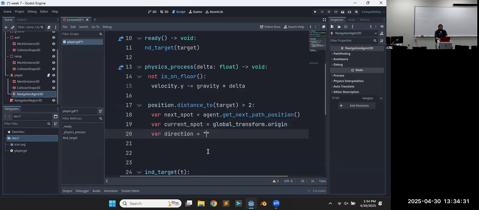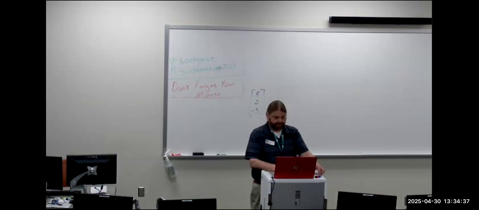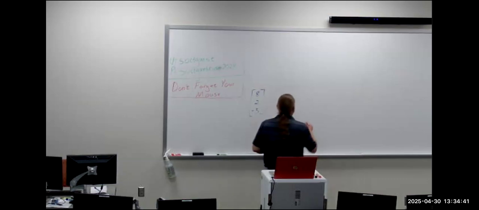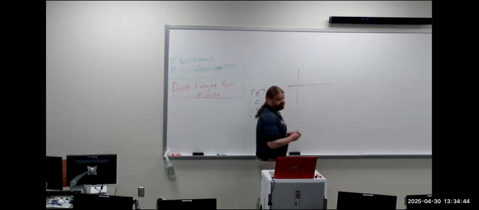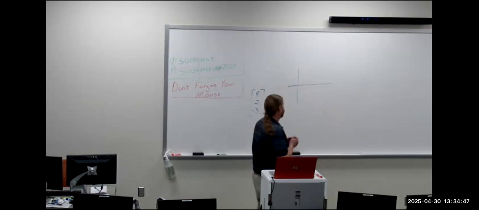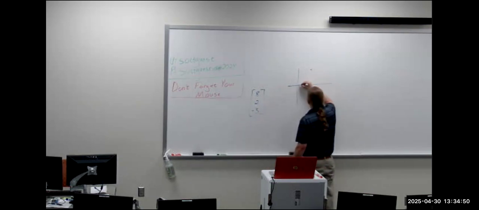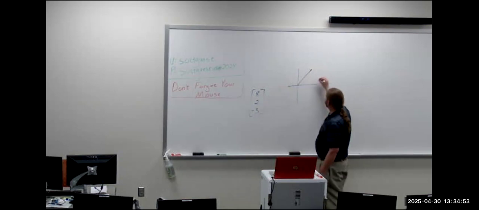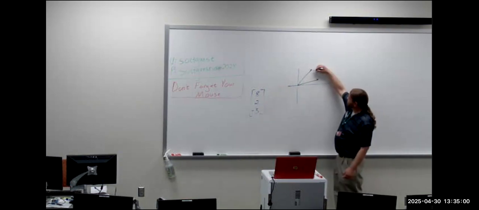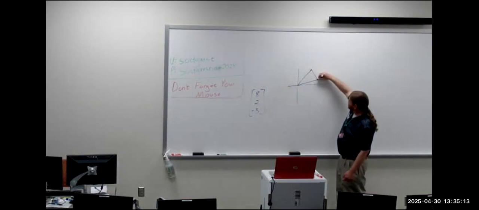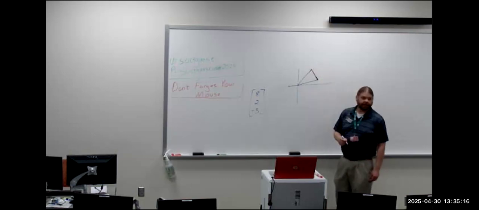Maybe a quick picture. So like in 2D, since that's just so much easier to draw on a board, if one thing is like this, and maybe the next one's here, when we subtract them, all of that part comes off, and what we're left with after we subtract them is just that line between them.